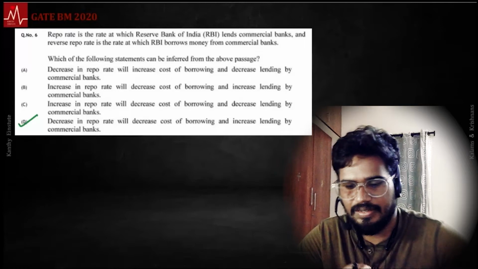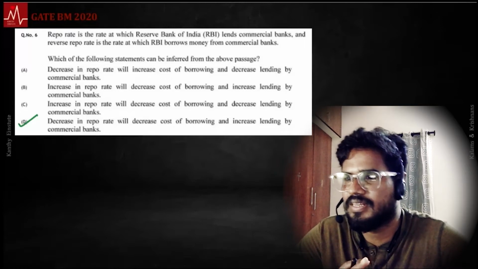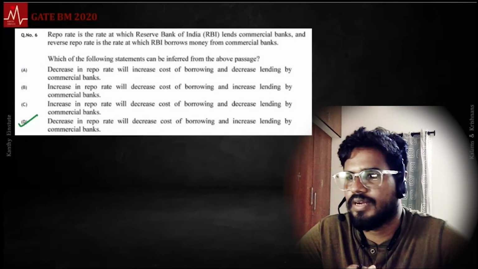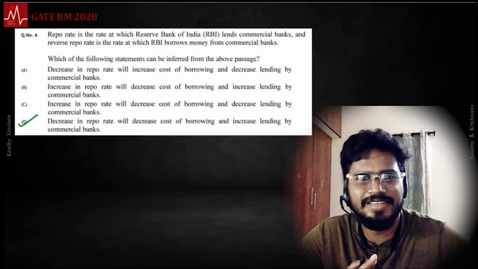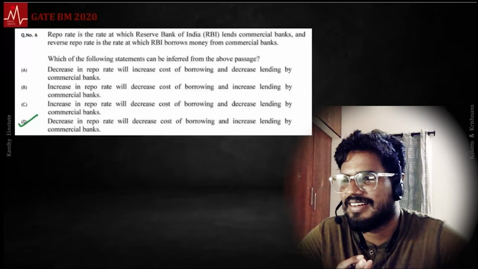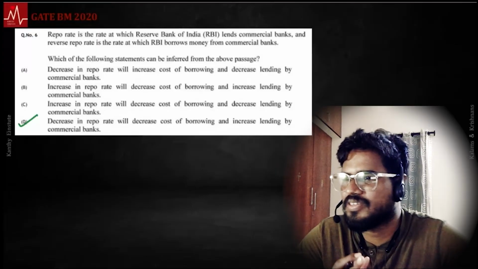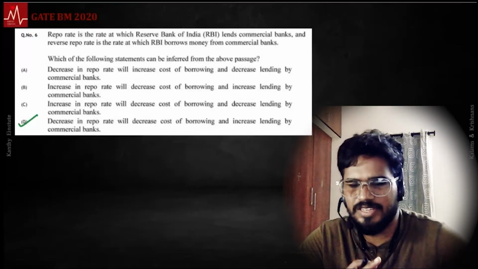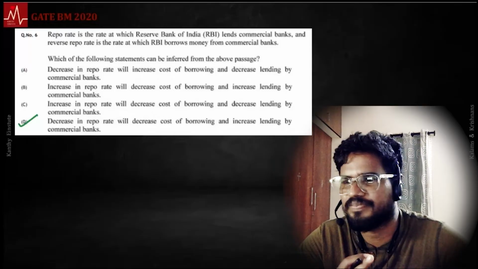So why not B? Increase in repo rate. If you increase, my friend tells me I have to pay back, I will not get it from him. Right? Increase in repo rate, decrease cost of borrowing? It won't. If my friend tells me it's going to cost you, I will not borrow.